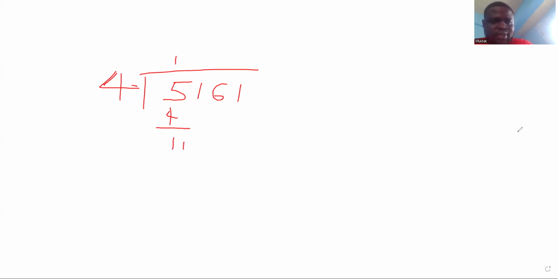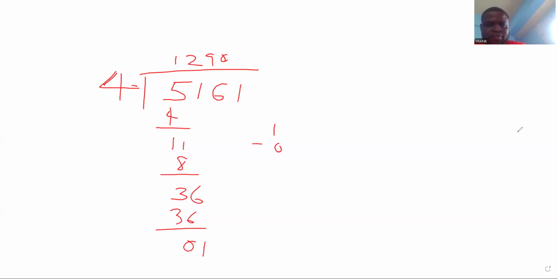Next digit, 11. 4 into 11 is 2. 4 times 2 is 8. Remainder of 3. Next digit, 6. 4 into 36 is 9. 4 times 9 is 36. Remainder of 0. Next digit is 1. 4 into 1 is 0. 4 times 0 is 0. We have a remainder of 1, and all the digits of the dividend have been exhausted.